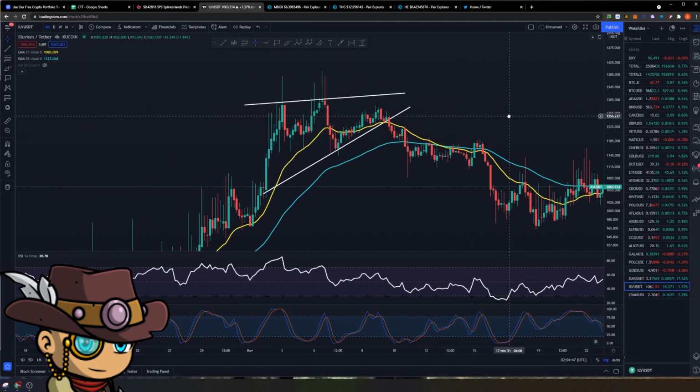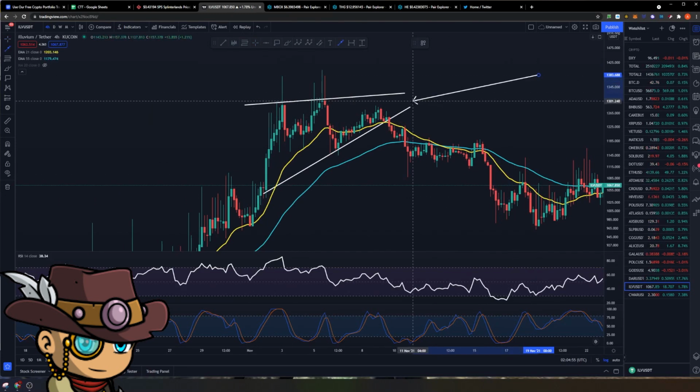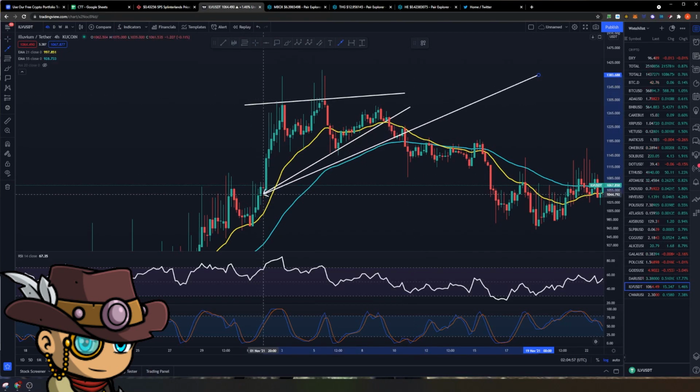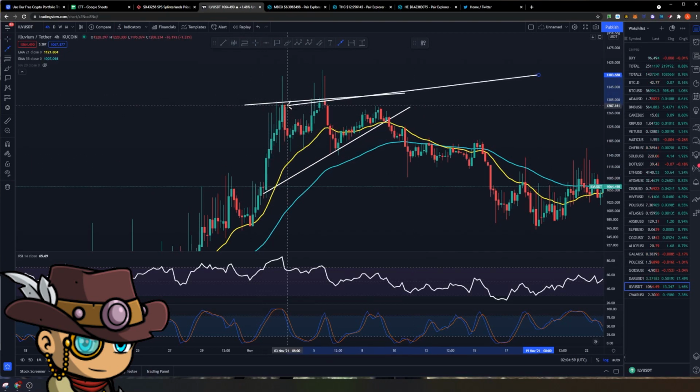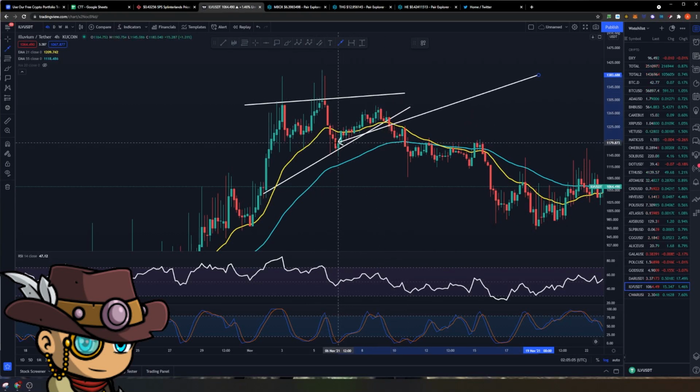So on a 4-hourly time frame, what happened was when things started to slow down, we started to form an ascending wedge right here. An ascending wedge is pretty much the price still rallying up, but it starts to coil in price. So it will coil around here and here and here, and it was actually sticking with a lower trend line. And the thing with ascending wedges is when you break this lower trend line out here, what do you aim for?